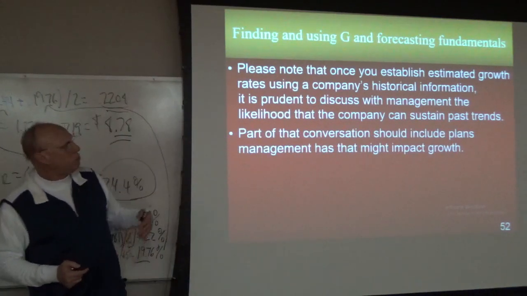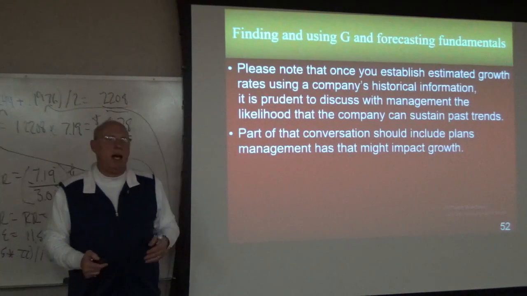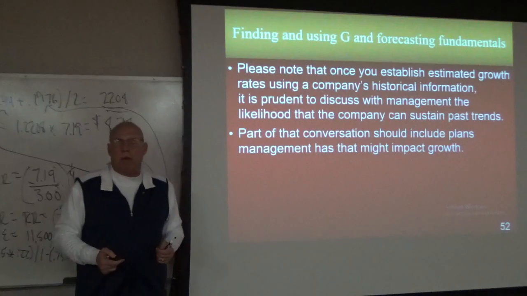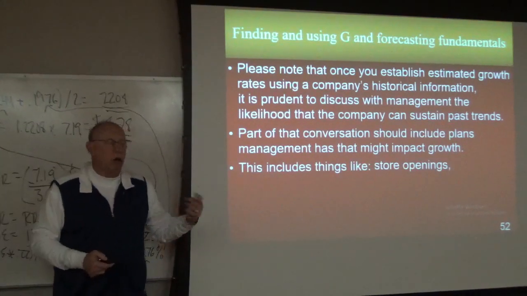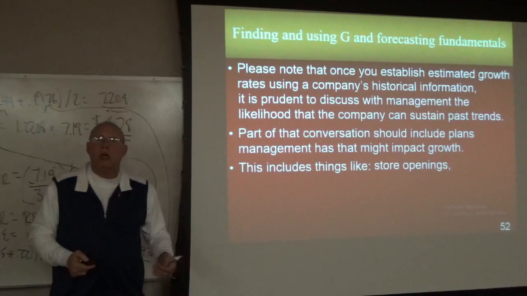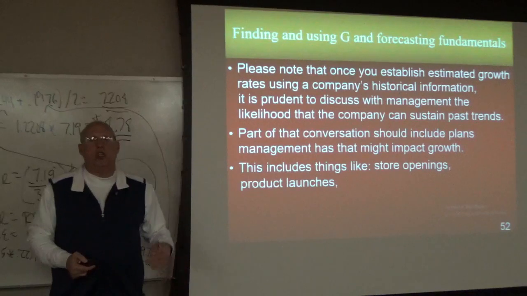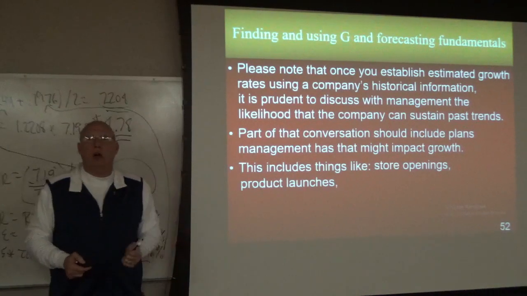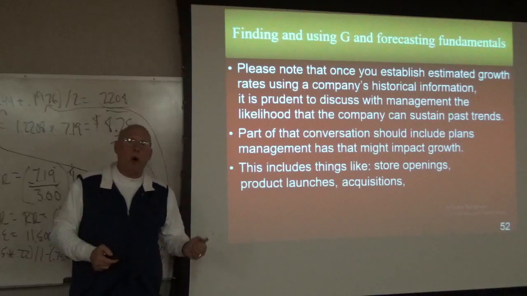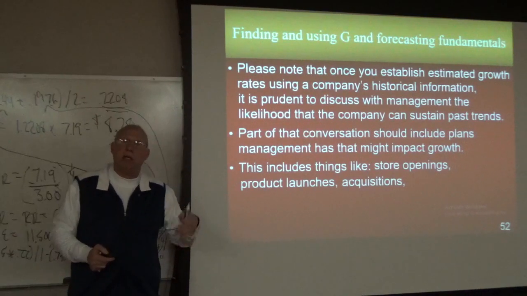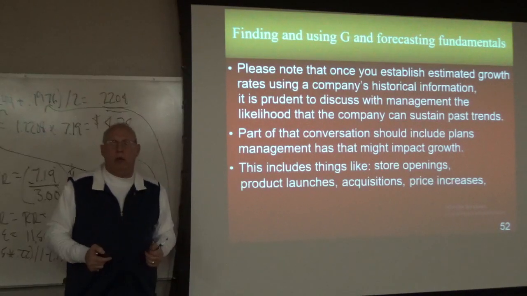Part of the conversation should include plans that management has that might impact growth. This includes things like store openings. If you're a retailer, maybe you open more stores. New product launches are a huge driver of growth. What is your plan for new products? Acquisitions. Are you looking to buy other companies that have new services and new products to add to what you are doing?